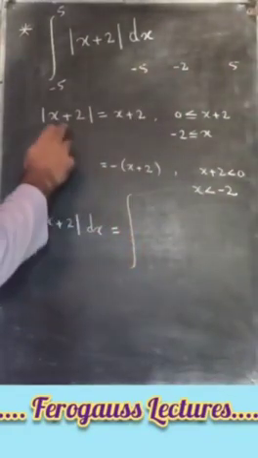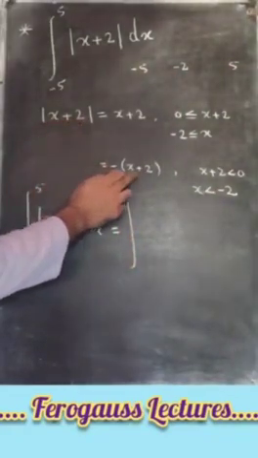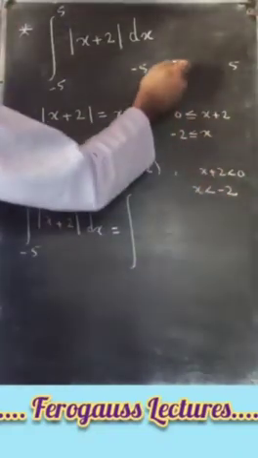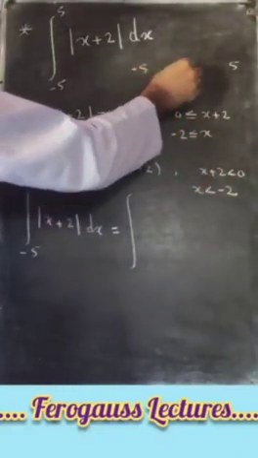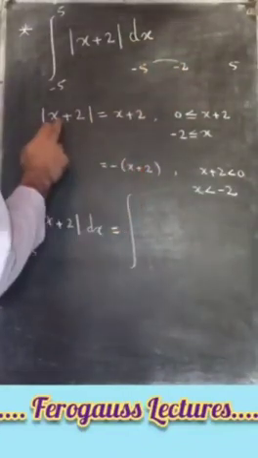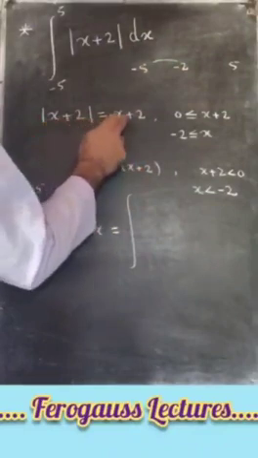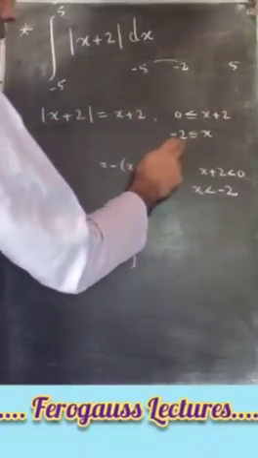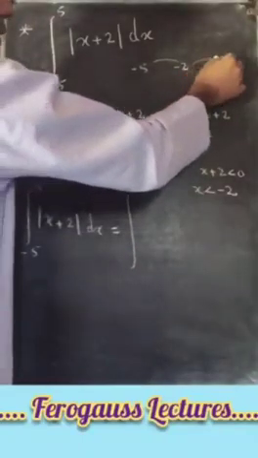We know that mod of x plus 2 is equal to minus times x plus 2 when x is less than minus 2, that means in this interval, and mod of x plus 2 is equal to plus times x plus 2 when x is greater or equal to minus 2, that means in this interval.